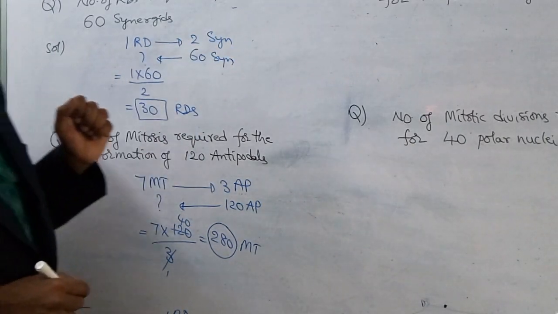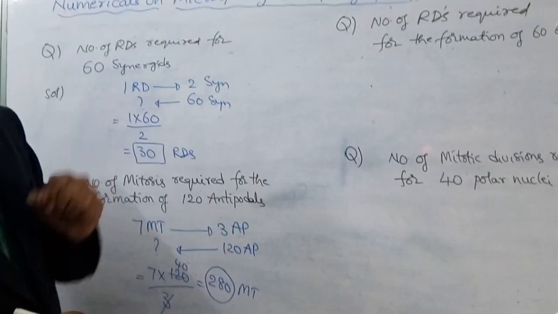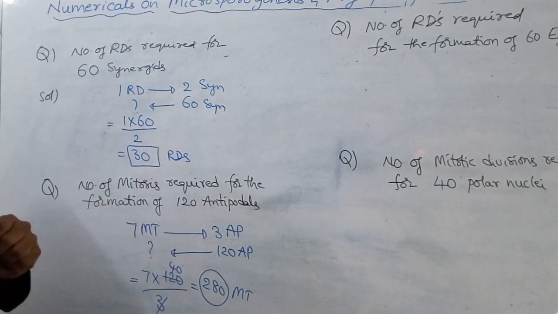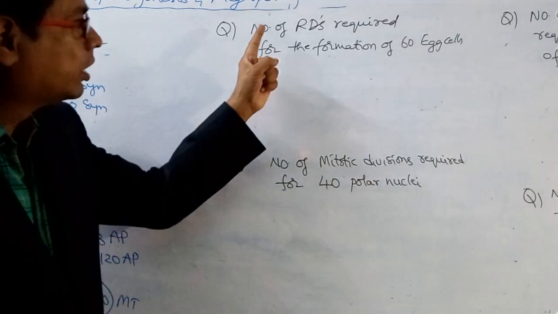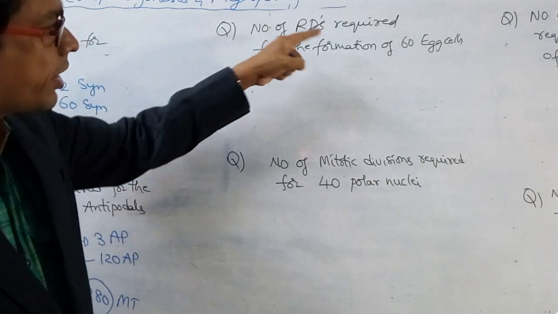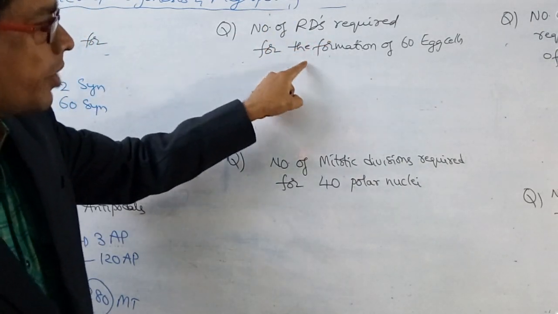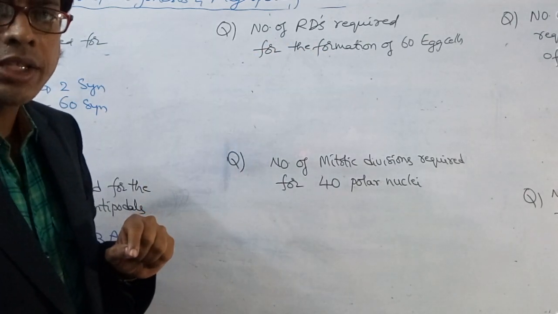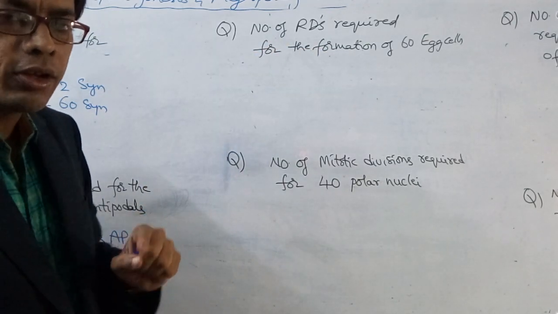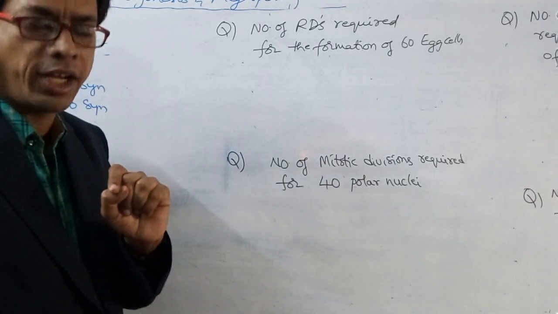Again, entering into the next question. Number of RDs required for the formation of 60 egg cells. In one embryo sac, how many egg cells are present? Only 1 egg cell, isn't it?